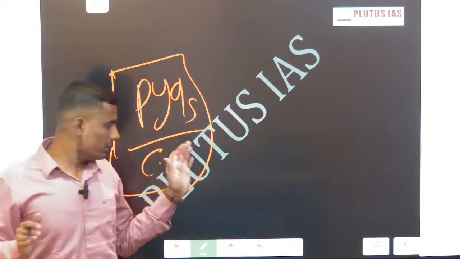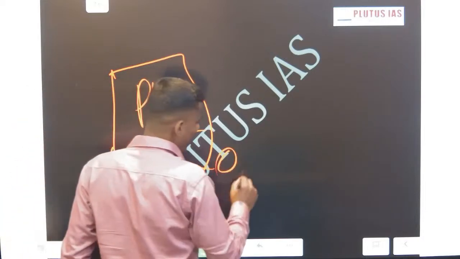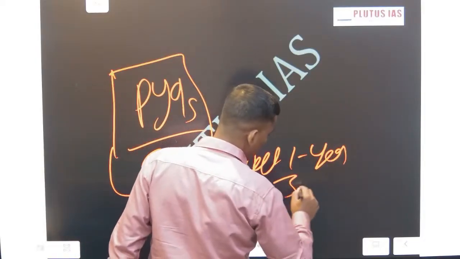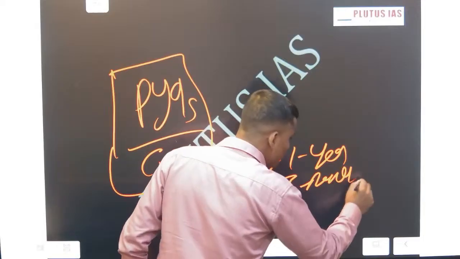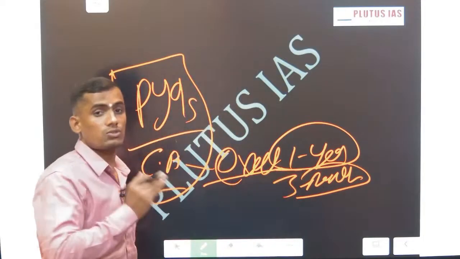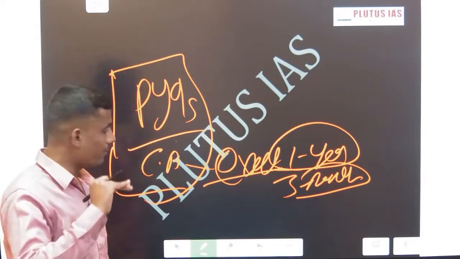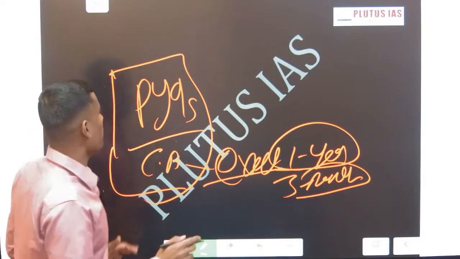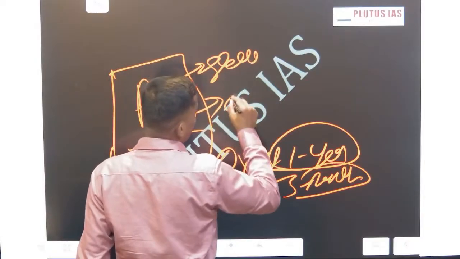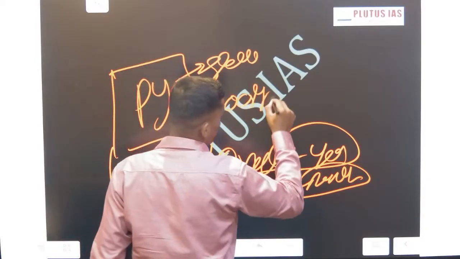In current affairs also, it is exactly one year back or the last three months. It doesn't include the last one year. And PYQ includes static and also the dynamic portion.